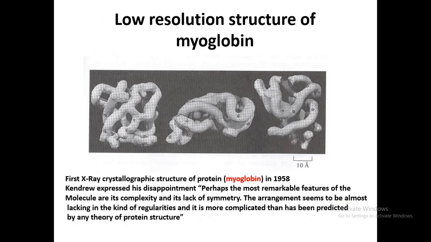So here we are taking an example of the 3D structure of a protein, that is myoglobin, and this structure could be identified via X-ray crystallography during 1958. So the 3D structure of a protein could be seen like this. Here we can see that a protein polypeptide chain folds itself in a 3D way.